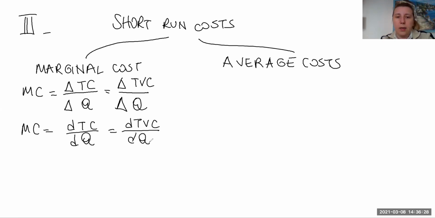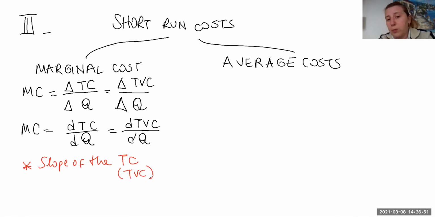And in geometry, all marginals mean slope. So the marginal cost can also be defined as the slope of the total cost function, or the slope of the total variable cost function, because they are parallel to each other, so their slopes at a certain level of output are just equal.